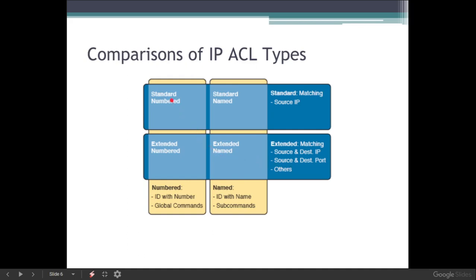We will have standard access lists that are numbered, and standard access lists that are named. We would have extended access control lists that are numbered, and extended access control lists that are named. Good? Okay.